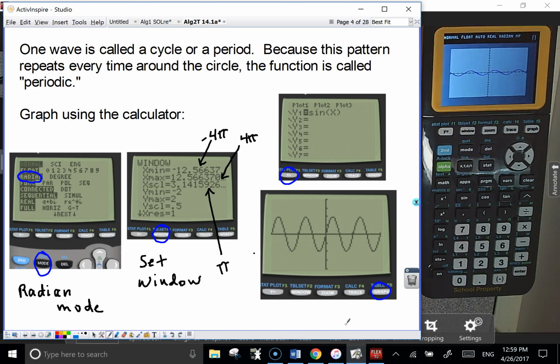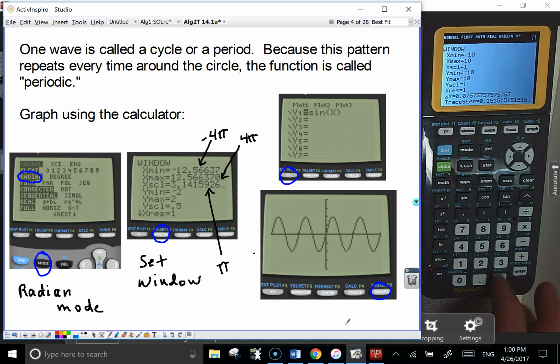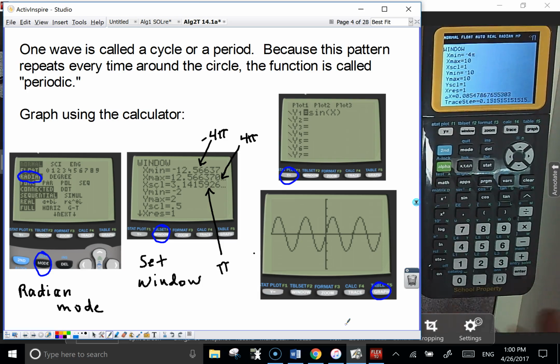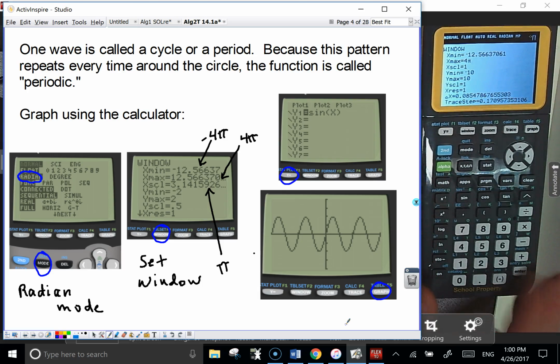Let's go to the window key. Window key is right there, right? And let's let the x's go from -4 pi to +4 pi. So -4, and then you go second and the caret key, enter. It'll turn it into a decimal. And then we'll go to +4, second caret key.